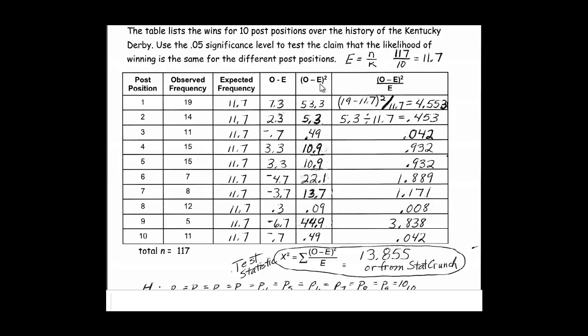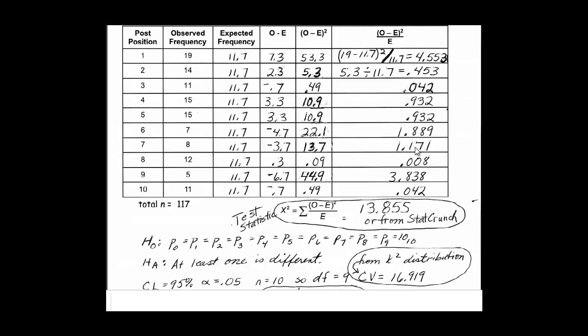Then we take those differences and square each of them, then divide the squared difference by the expected frequency. This is very similar to what we did when creating and identifying standard deviation. I just wanted you to see that. Then we add all those up to get our test statistic.